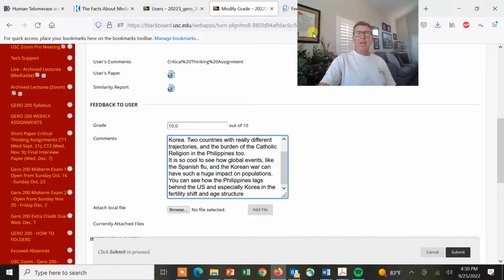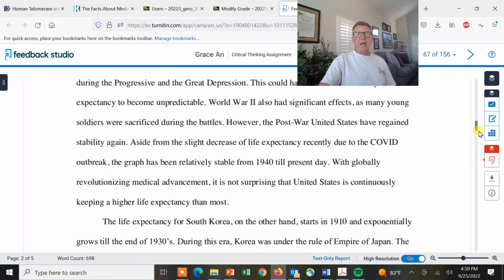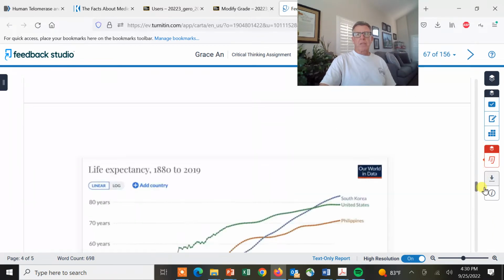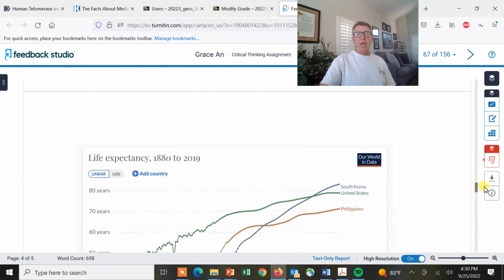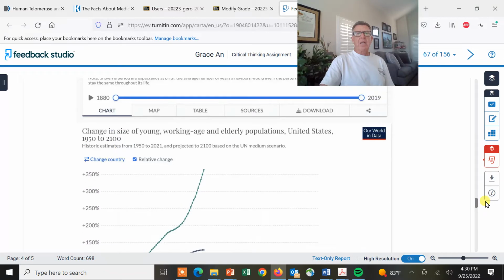Then the other thing that, of course, was crucial was that we get down here, she did her graphs. So she has the life expectancy graph right here, and then she has the individual graphs where she looked at the working age population versus the dependents, which would be younger and older populations.